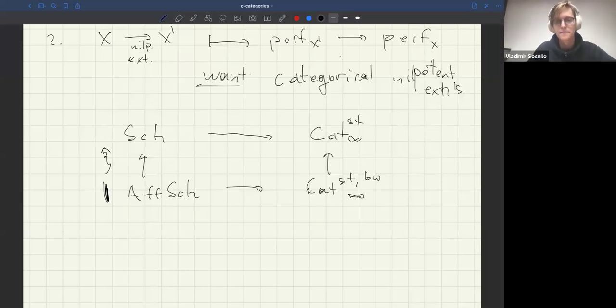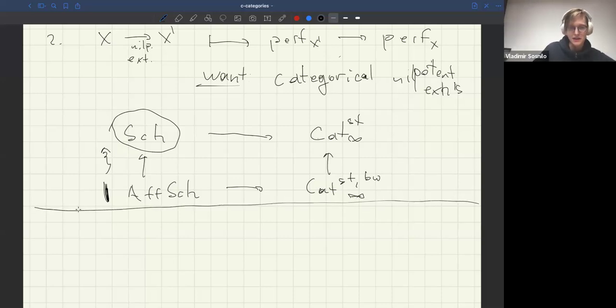So although this gives you some interesting structure, which is very helpful and covers a lot of examples, this is not enough for our purposes because we actually want to work with schemes. We don't want to work with affine schemes. The idea is to globalize this notion of a bounded weight structure in such a way that perfect complexes over arbitrary schemes would have this structure. So this is the motivation and the first part of my talk.